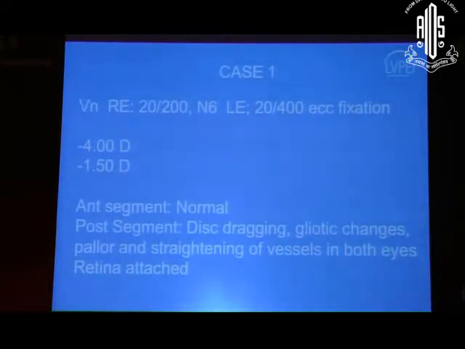Because the eye with lower refractive error will usually be the fixating eye, and the one with higher refractive error will be usually the non-fixating eye. But here, it's very funny. The non-fixating eye has a lesser refractive error than the fixating eye. That you have to remember.